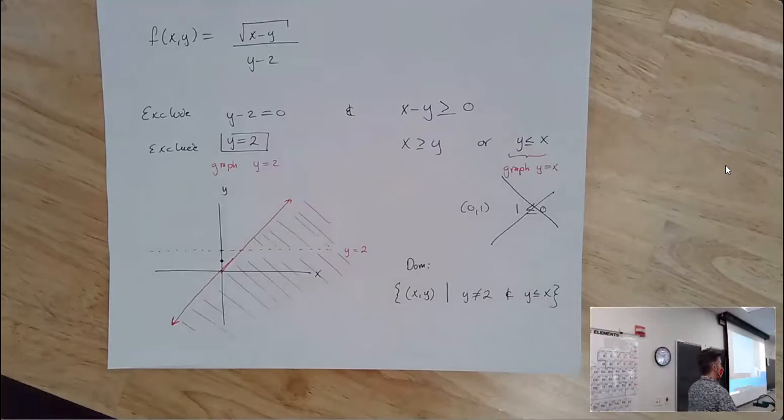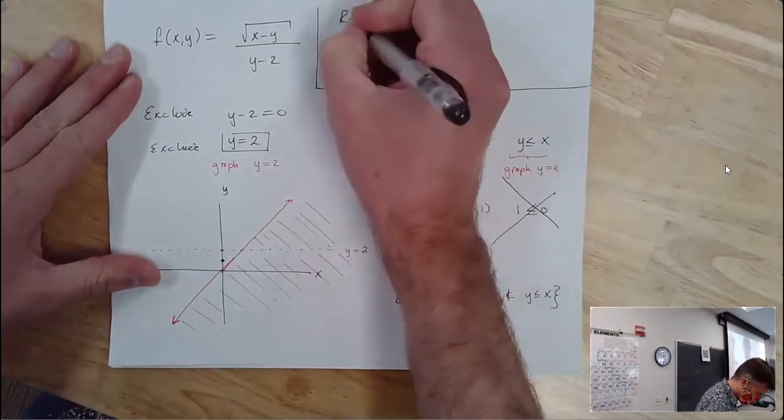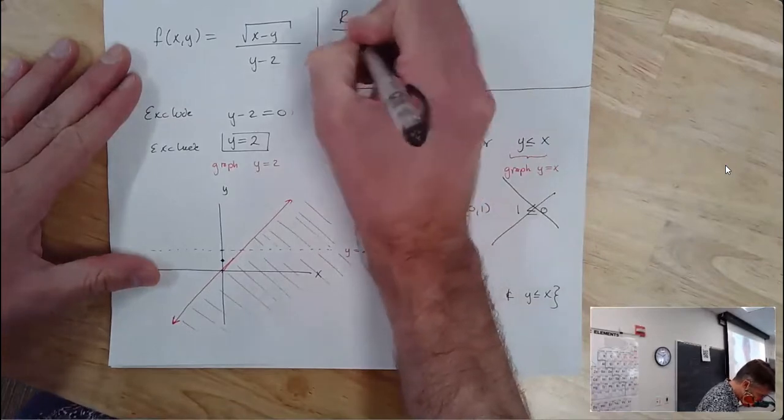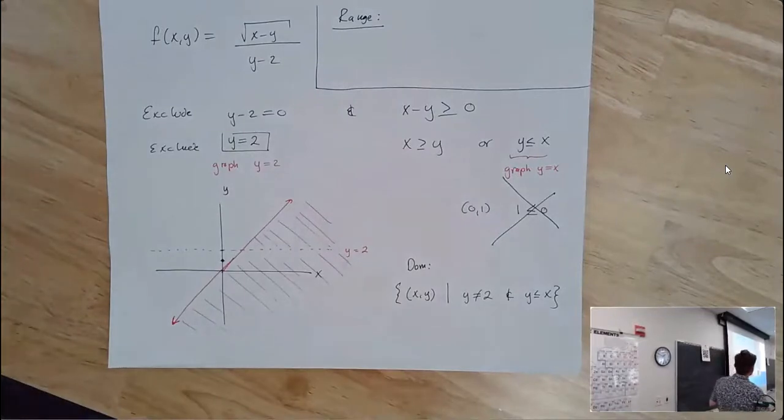A harder question to answer here, but an equally interesting question, is what about the range? Nine times out of 10, probably more, when you have a function of more than one variable like this, and you have a fraction, you almost always get every real number.